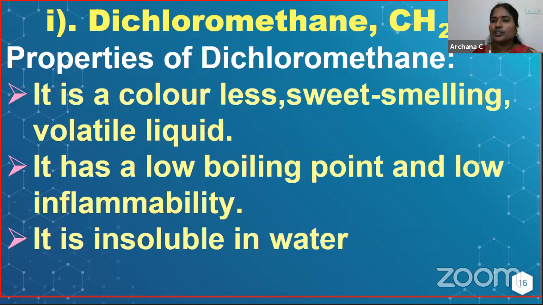If we come to solubility, they are insoluble in water. See children, they are insoluble in water, as we already learned. They are soluble in non-polar solvents. Therefore, they are insoluble in water. So these are the properties of dichloromethane.